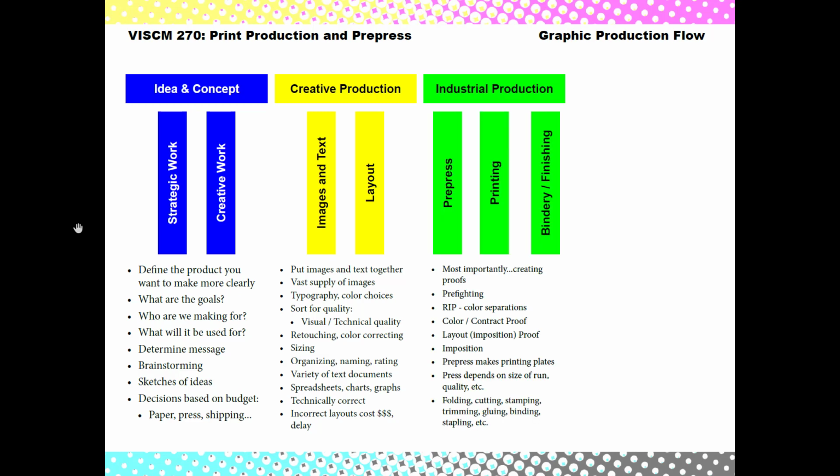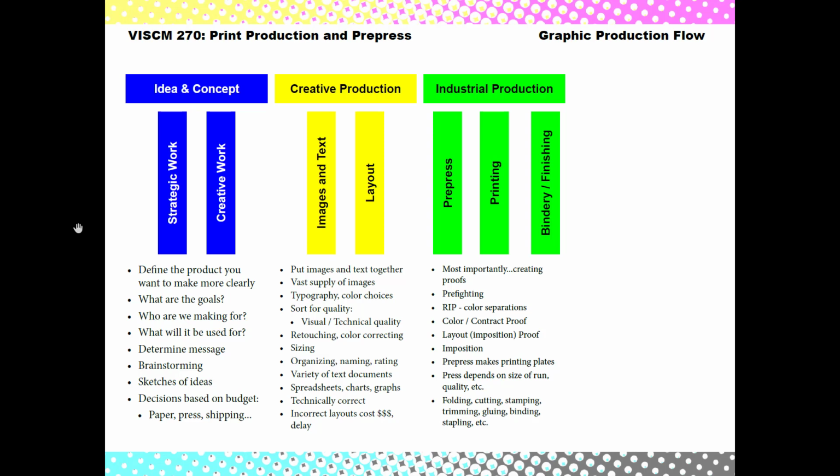So the industrial production phase is the printing essentially, and everything that's going to actually produce your printed product. And that's divided up into three areas. We have pre-press, we have printing, which is press, and then we have bindery and finishing.